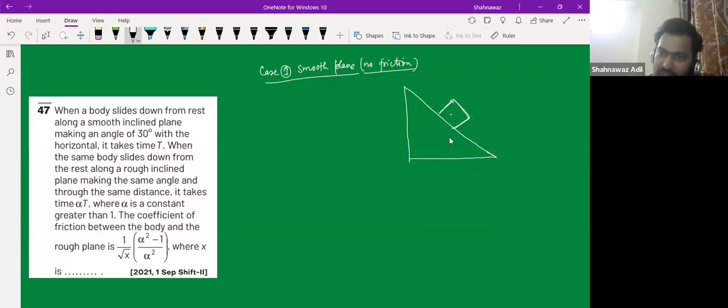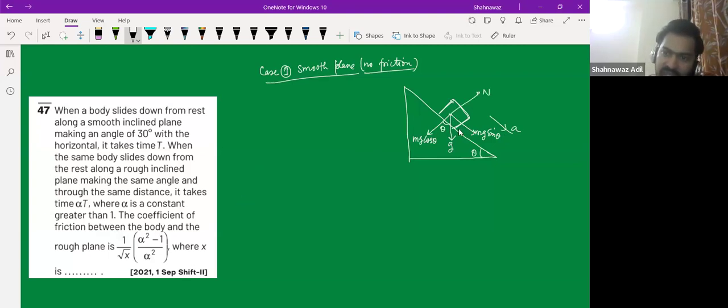Let's say this is g, this is theta, and for our case, this is 30°. We'll take this 30° later. This is theta, this is mg cos theta, and this is mg sin theta. This is moving in this direction, and this is the normal reaction.